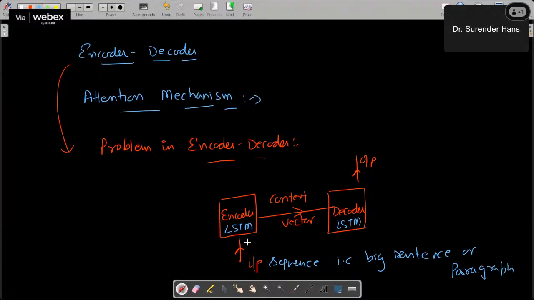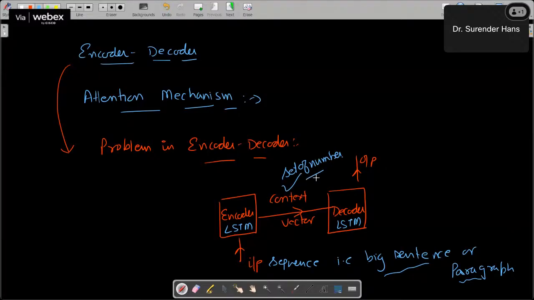The encoder has to read a big sentence, so there was a problem in converting this entire big sentence or paragraph into a context vector, because after all it is just a set of numbers.